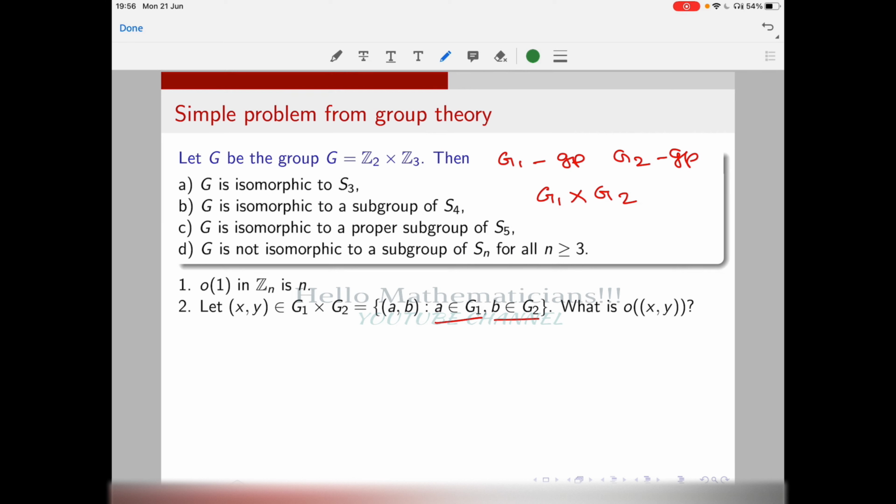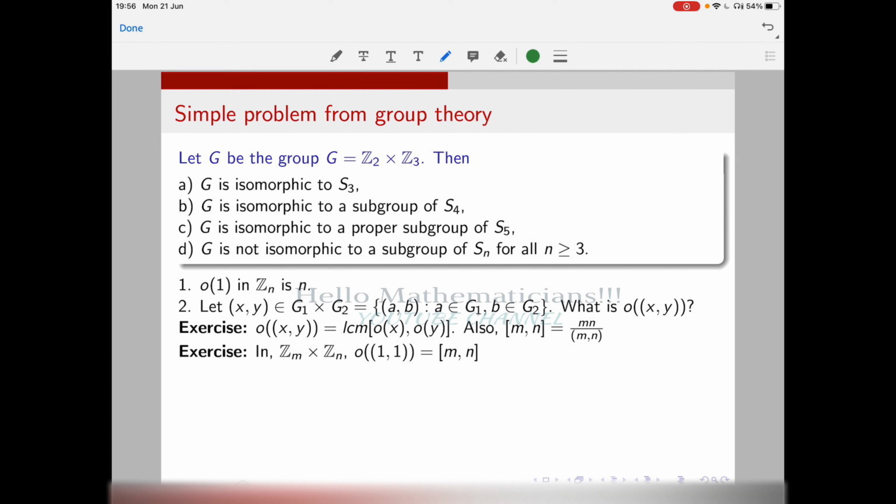We want to understand what is the order of an arbitrary element of G1 cross G2. This is one very important exercise. You try it by yourself, or at least look for the solution on the internet.